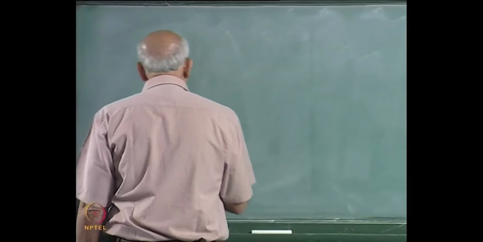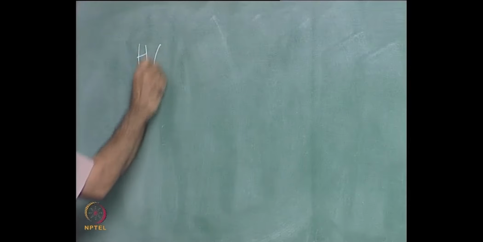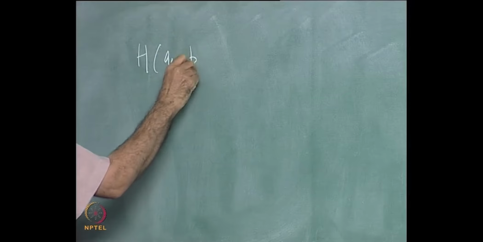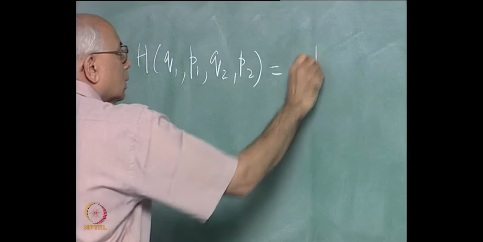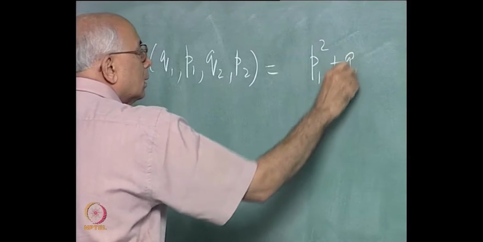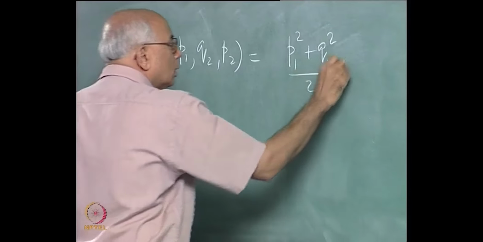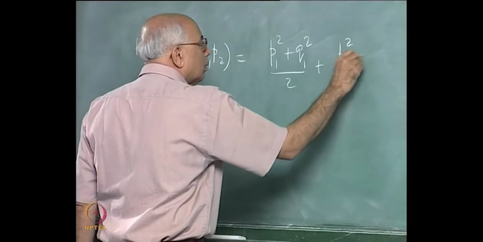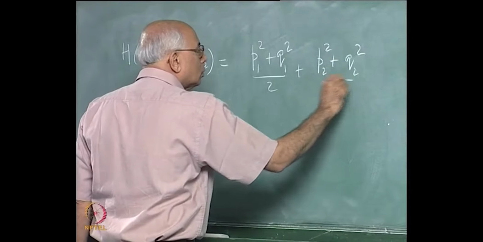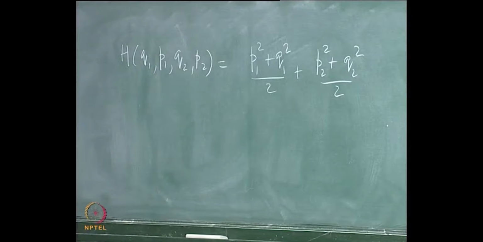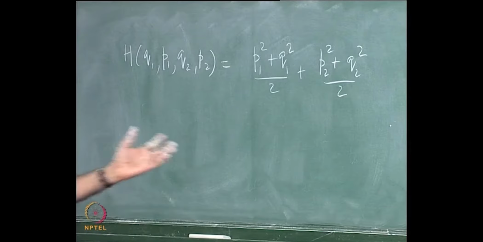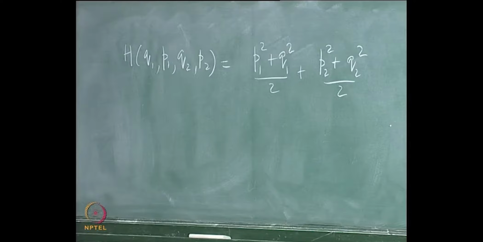So let us look at the two-dimensional oscillator, which is H of q1, p1, q2 and p2, and this was (p1 squared plus q1 squared)/2 plus (p2 squared plus q2 squared)/2. If I took an oscillator which has exactly the same frequency in the 1 and 2 directions, this is the isotropic oscillator here.